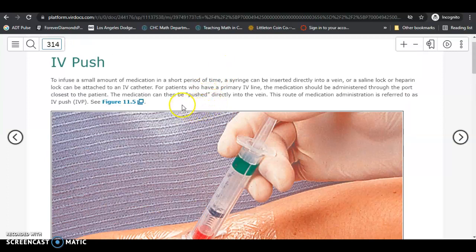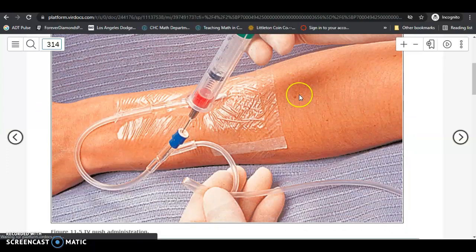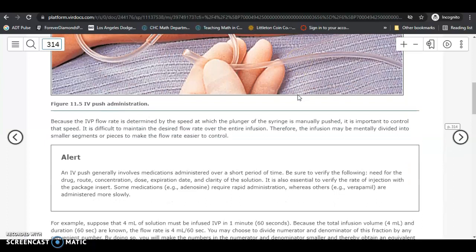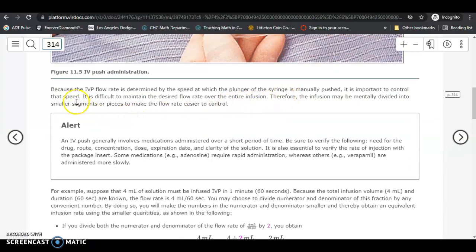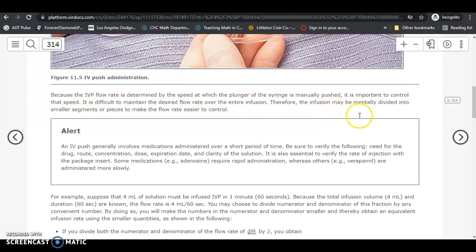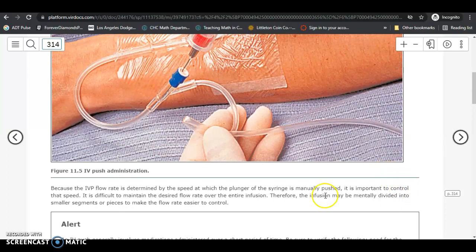The medication can then be pushed directly into the vein. This route of medication administration is referred to as IV push, or IVP for short. Because the IVP flow rate is determined by the speed at which the plunger of the syringe is manually pushed, it is important to control that speed.